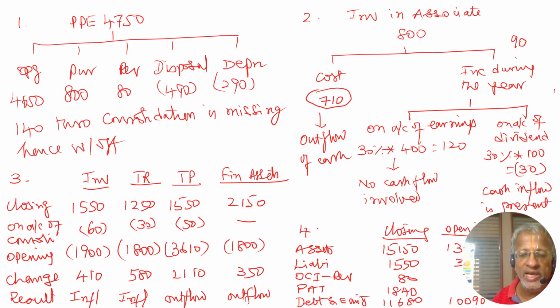From 10,090 it had just gone up to 11,680. How much is the amount of inflow they would have got? We are not knowing whether this inflow is only on account of equity or only on account of debt. So therefore there is an increase in debt and equity to the extent of 1590 that you would be having.